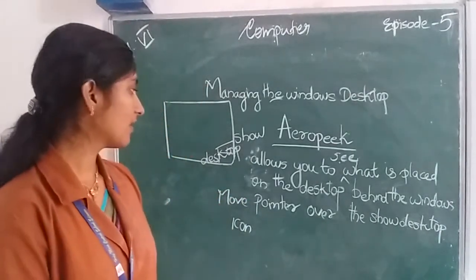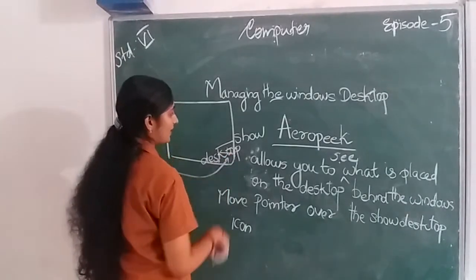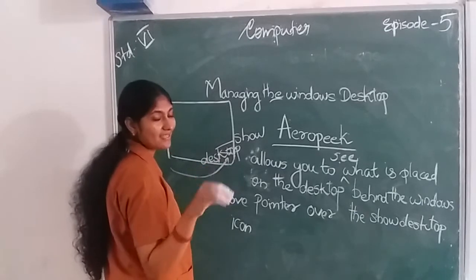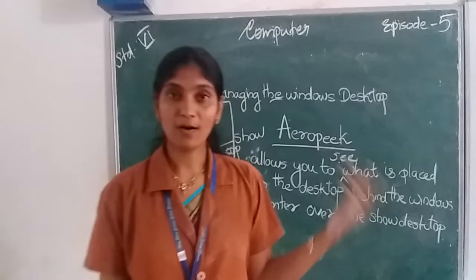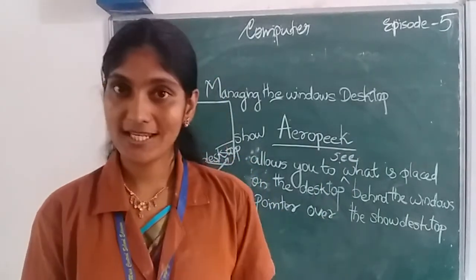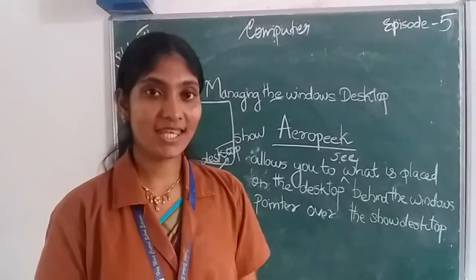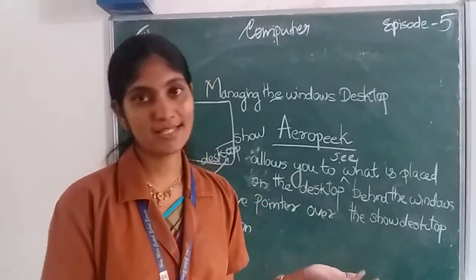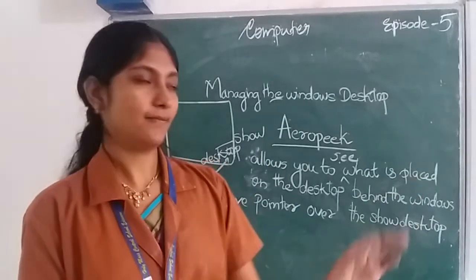Then, when we move the pointer to the Show Desktop icon, all the open windows will become transparent like a glass pane. That means we can clearly see the applications placed on the desktop. That's the feature of Aero Peek.